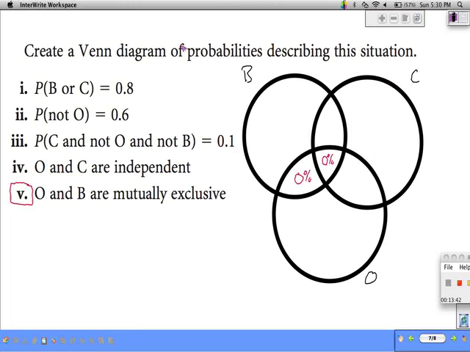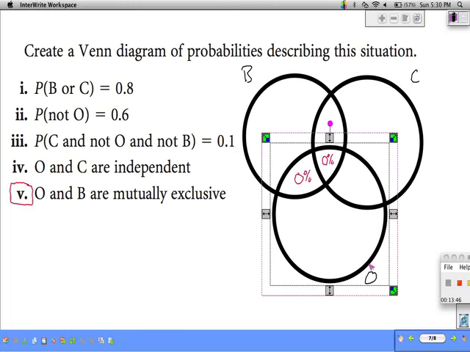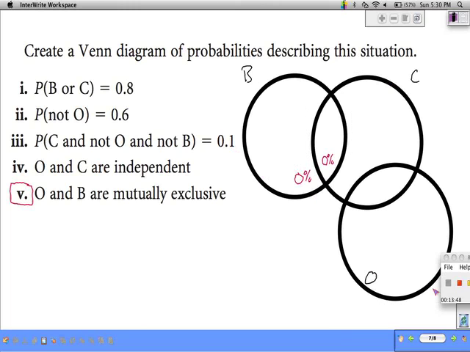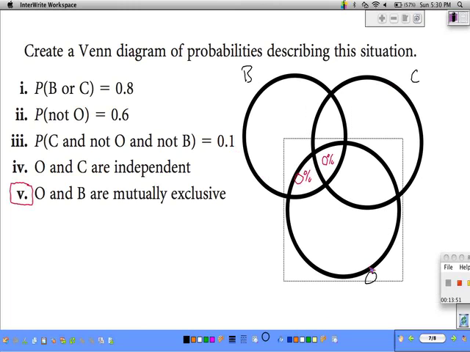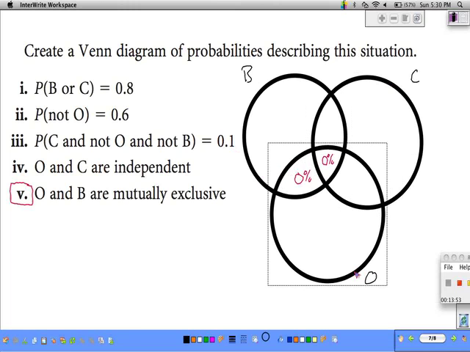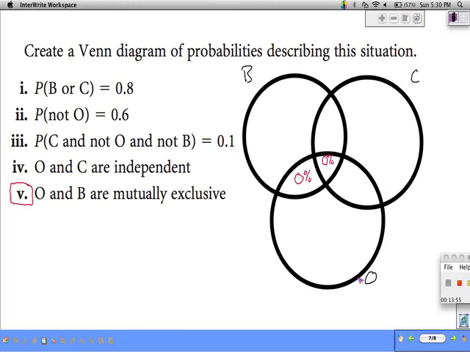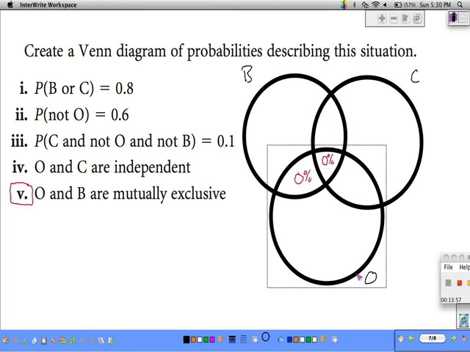Another way to draw this would have been to take one of these circles and move it like this. Now they're not overlapping even in the picture. But most commonly you see Venn diagrams that have 3 events drawn as 3 overlapping circles. So that's why I'm drawing it this way.